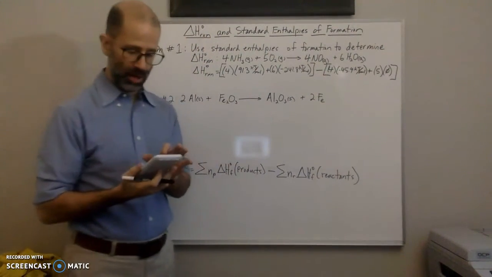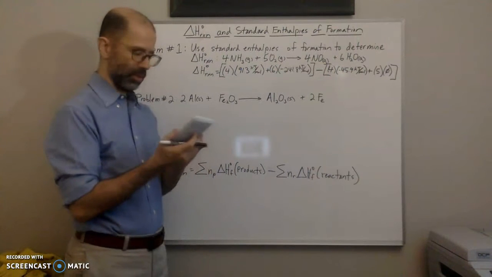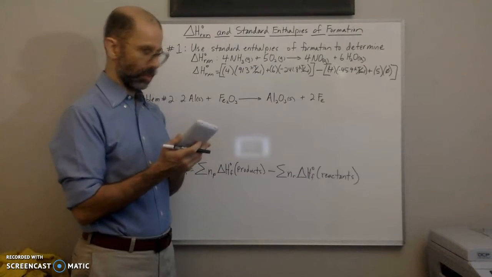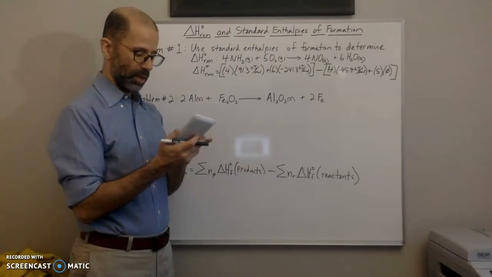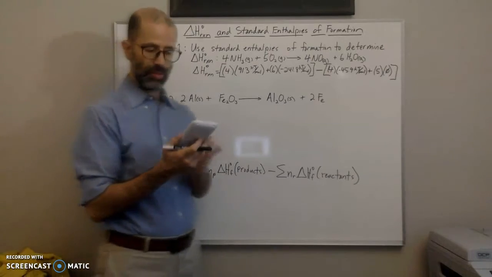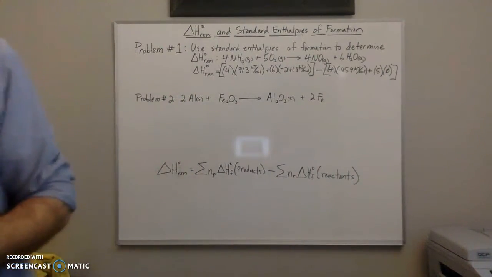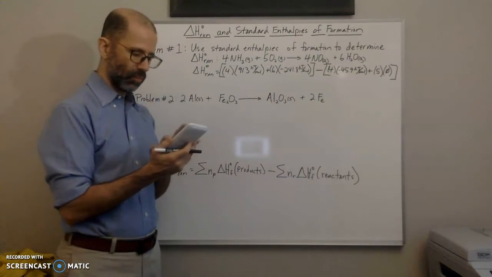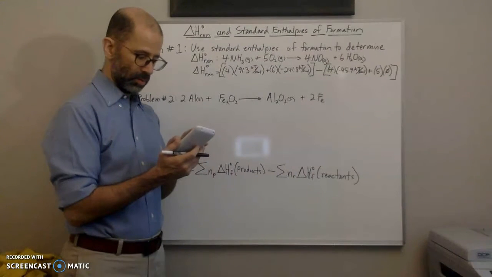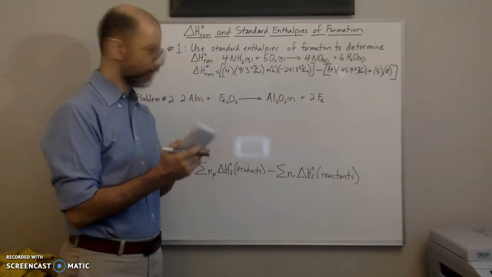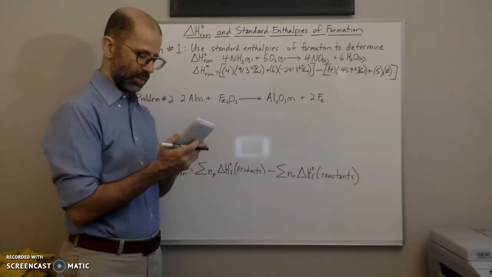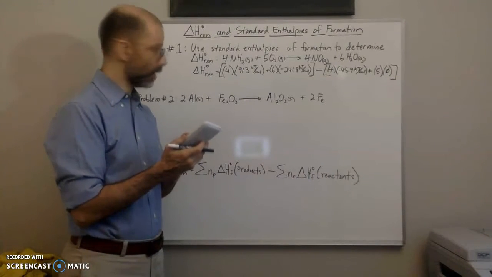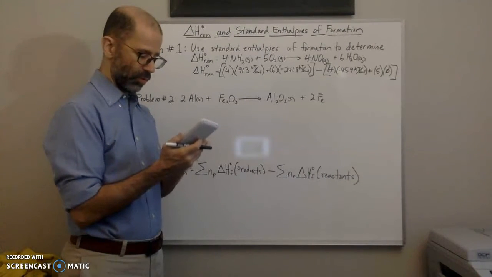So if we grab our calculator, we'll multiply 4 times 91.3. Make sure I got the sign right, yep, it looks right. Then I'll add to that 6 times negative 241.8.